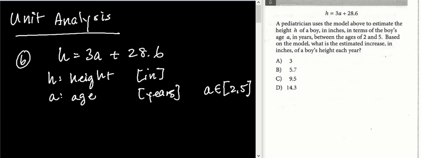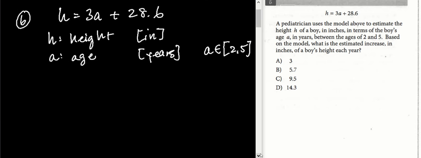And now we're asked, based on this model, what is the estimated increase in inches of a boy's height each year? So if you can't see the answer to this right away, that's okay. One way to think about this is to give yourself a graph, right? So let's draw this out for ourselves. We have A as our input, H as our output.